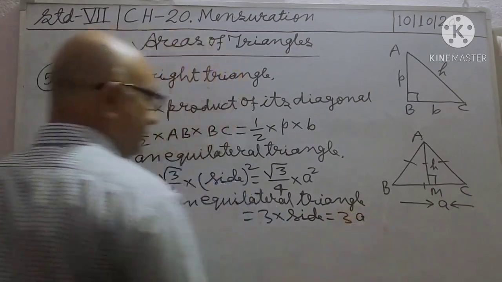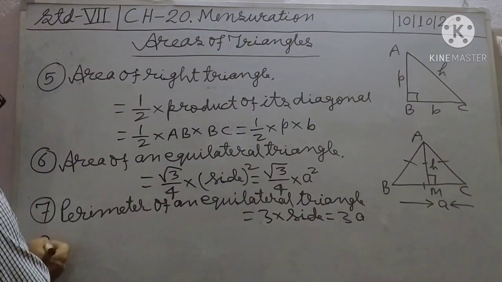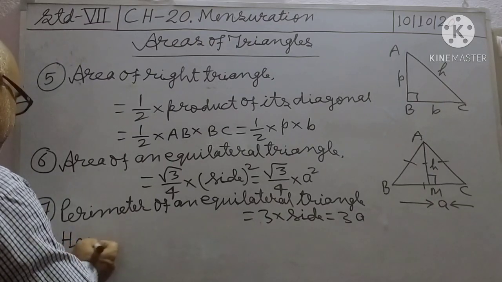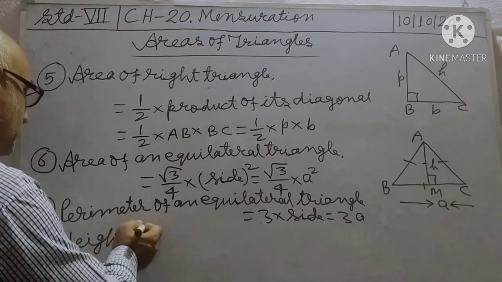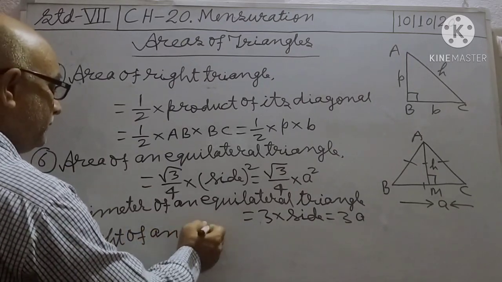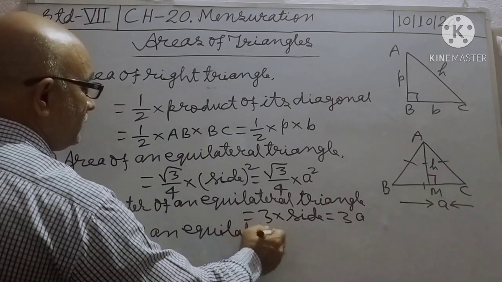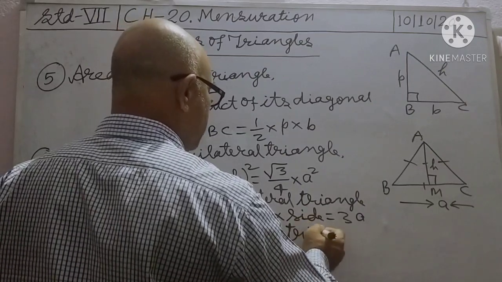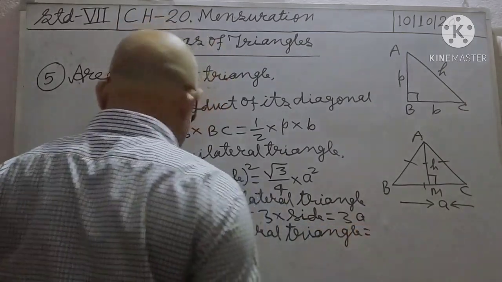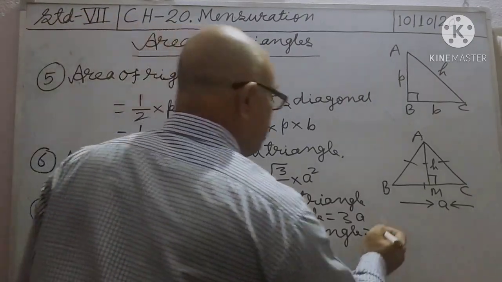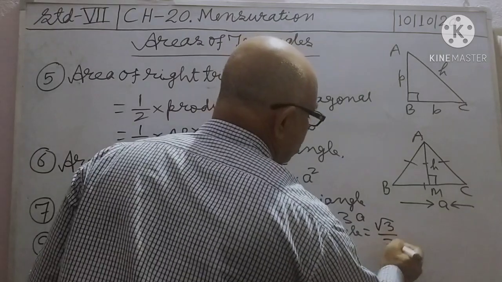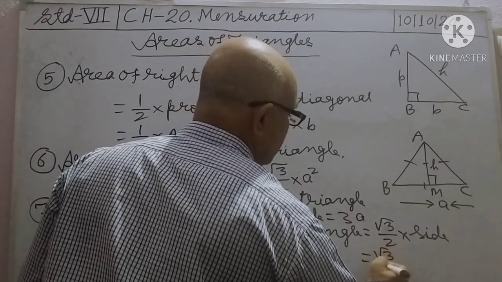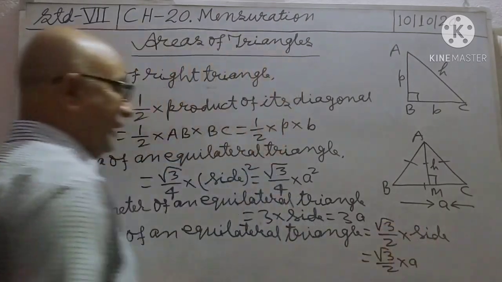Formula number 8. Height of an equilateral triangle equal to root 3 by 2 into side, equal to root 3 by 2 into a.